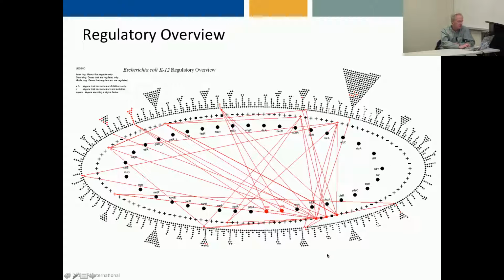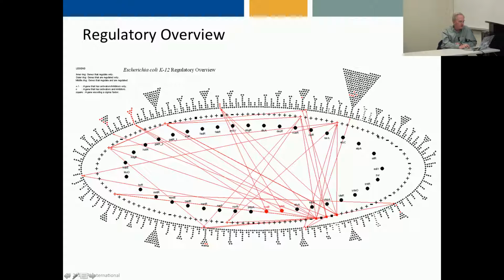So here's an example of another regulation-related diagram that we call the regulatory overview. And the idea here is to depict this complicated network of interactions between different genes in an organism. So you're actually seeing the entire genome of, well, close to the entire genome of E. coli in this diagram. Every dot here is one E. coli gene.